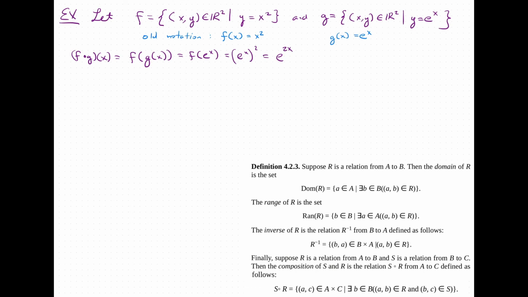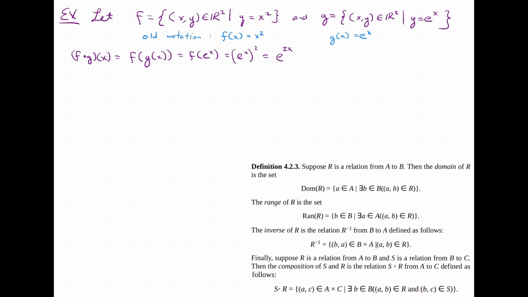Now, if we look at the set notation of f and g, if we did f compose g, then that corresponds to the existence of some b, in our case in the reals, such that a comma b is in g, which is our r, and then b comma c is in s, which is our f.